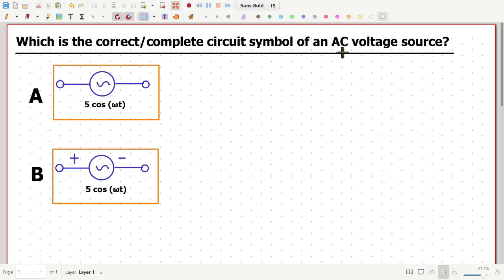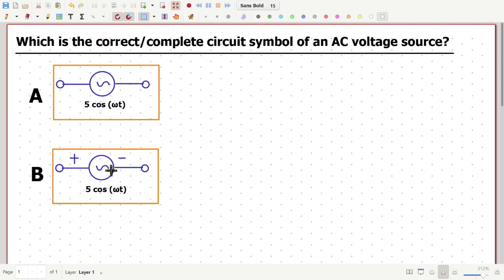Since in AC or alternating sources, voltage changes from plus to minus and minus to plus alternatively. Therefore, neither side should be marked as plus or minus side. And that's why you probably think this representation is correct and representation B is wrong.